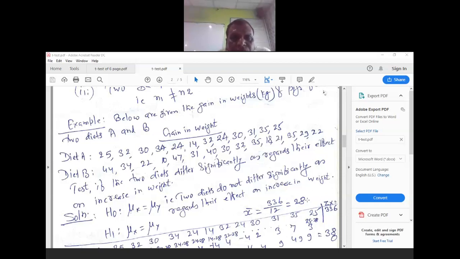You may write an example based on the t-test when n1 is not equal to n2. Below are the gains in weight of pigs fed on two diets A and B.